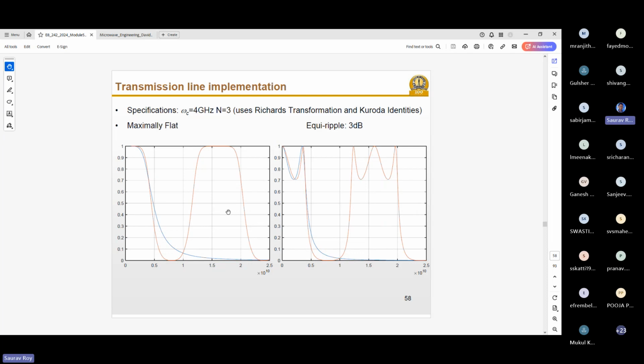It is like periodic behavior. Why does it happen? Because all the microstrip line sections have a periodic response, because tan beta L is there, and beta L is a function of frequency. So all these responses will be kind of periodic. That is what you get, so you should remember that.